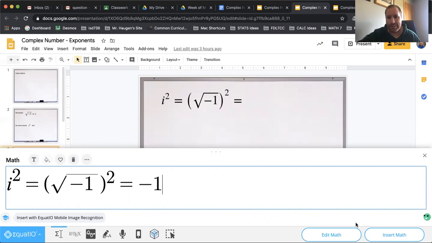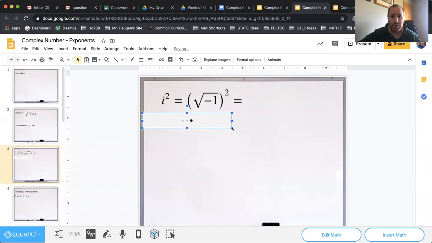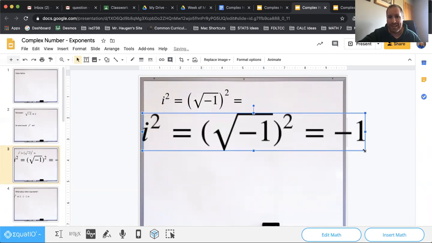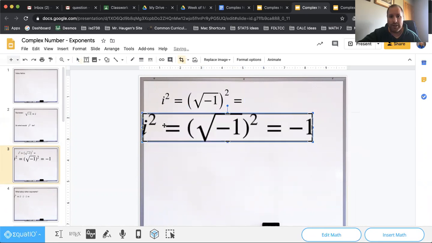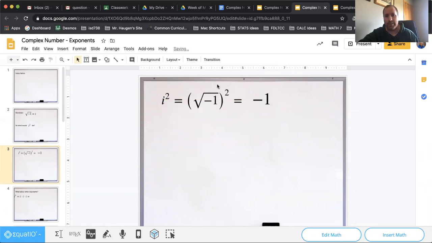So when all is said and done, we just get -1 as a result, because it only cancels the square root and leaves us with that.